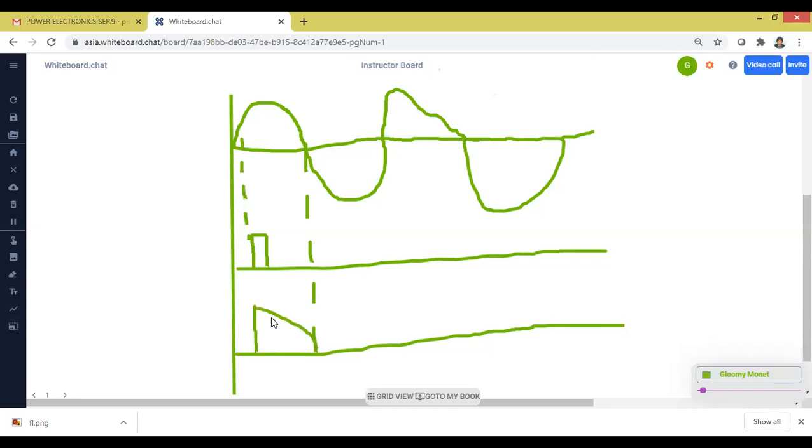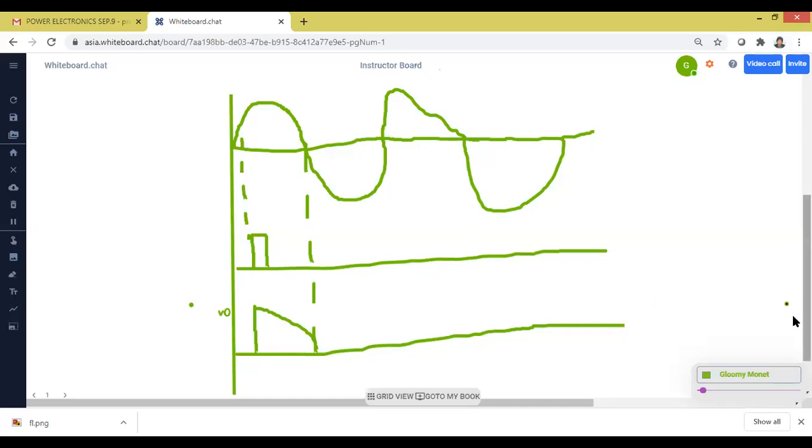This graph is following the input signal. So this is the output voltage, and I put the representation here. I kept two dots here, and this is nothing but V0. V0 stands for the output voltage. This is the input voltage. This is the firing pulse.